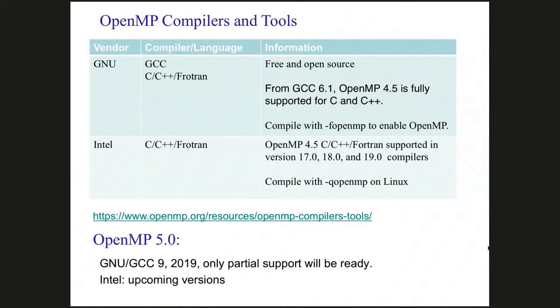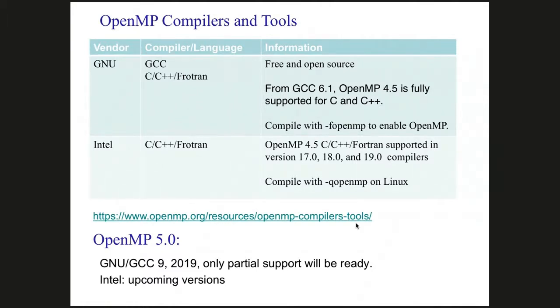If we want to know the full state, many other compilers support OpenMP, certainly some in different ways. You can go to openmp.org. On the resources, there's the OpenMP compiler page. They have a full list of what type of compiler, which versions support what OpenMP versions.